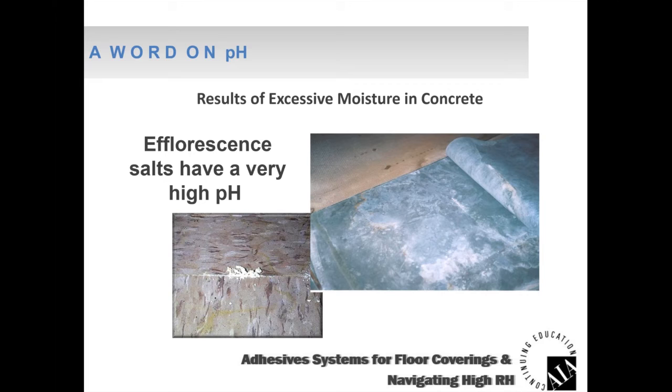In a well, geez, I was going to say stalactite, but I can't remember which one's from above and which one's from below. So it's either a stalactite or a stalagmite. I apologize for forgetting my ninth grade learning. Anyhow, on the right side, they pulled back the flooring, and you can certainly see white efflorescent salts on the surface of the concrete. And those salts have a very high pH.